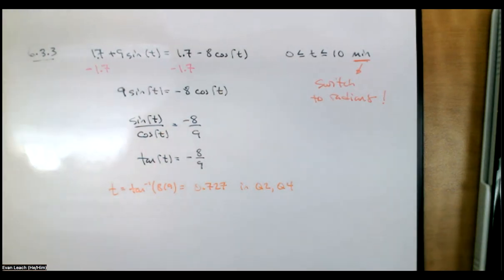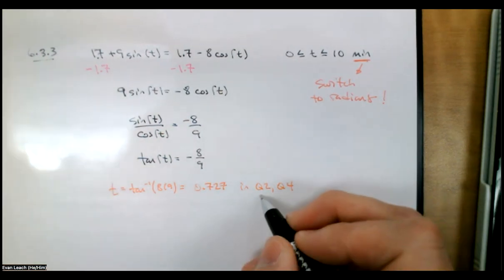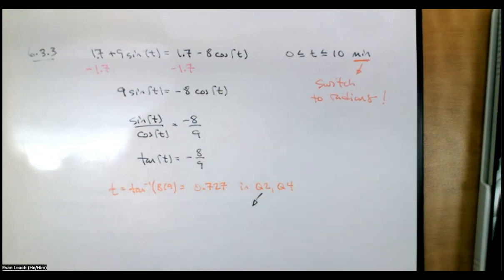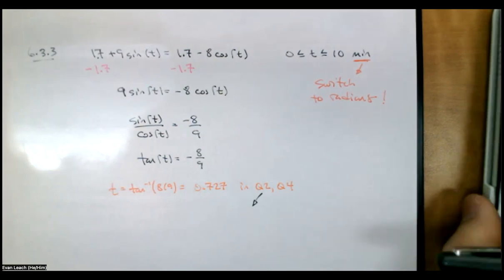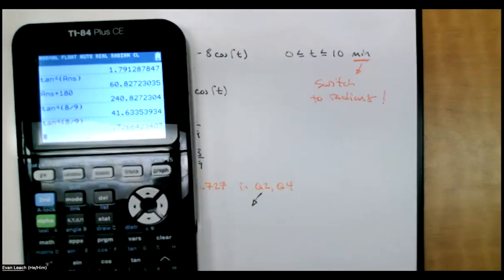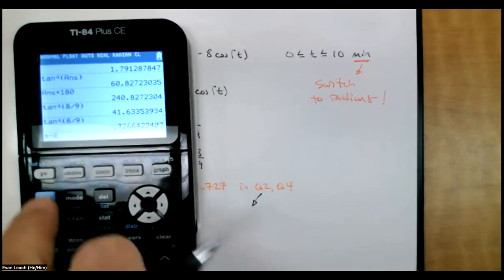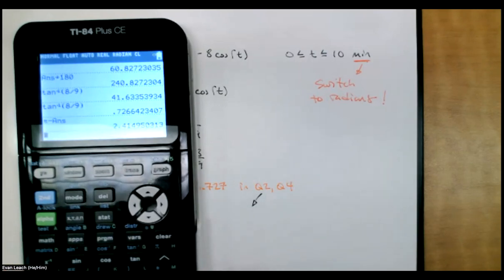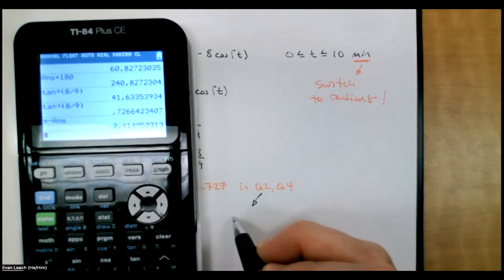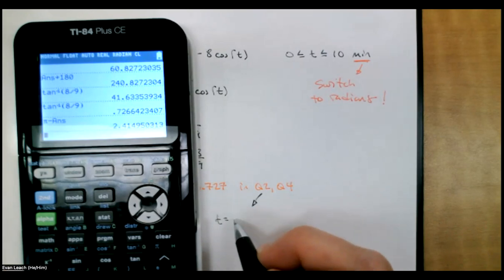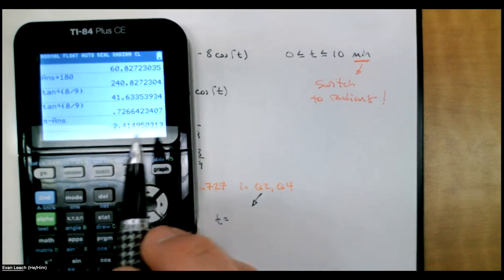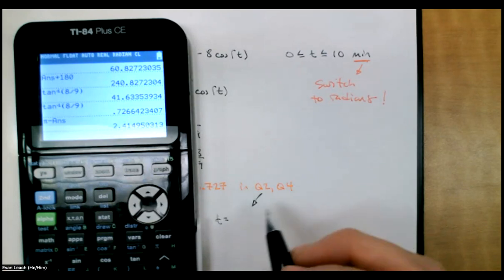So the quadrant 2 angle is going to be pi minus the reference angle. Yeah, the reference angle is 0.727.